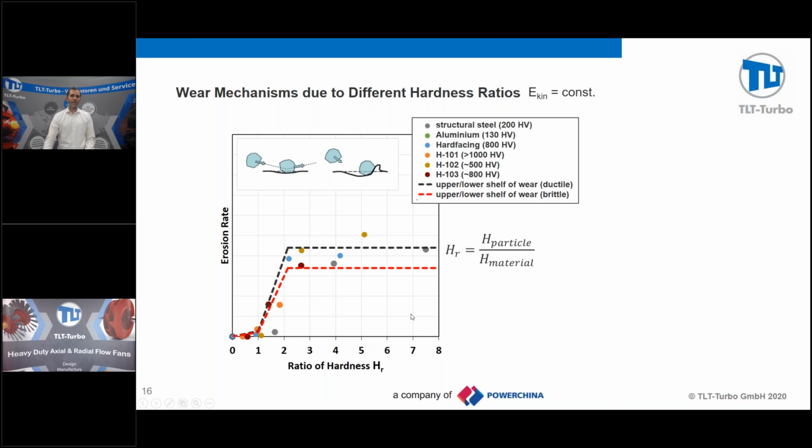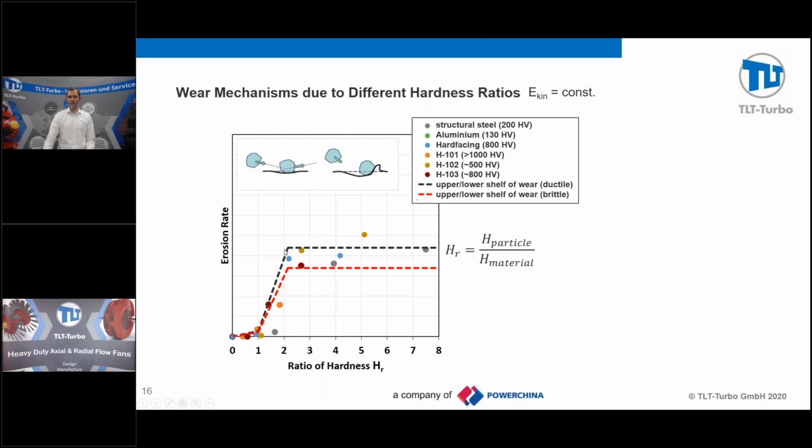Whenever you have a very hard particle and a very ductile base material, you will have a high amount of wear. But the interesting thing is, by reducing the hardness of your particle, the erosion rate is not changing very much. It stays nearly constant until you reach a factor of 2.